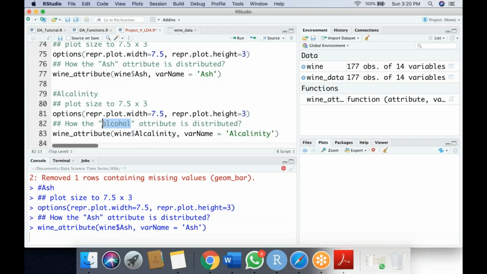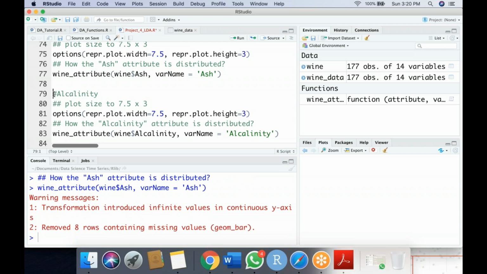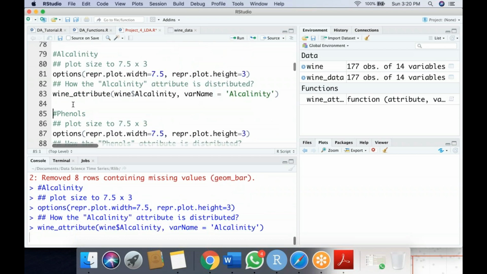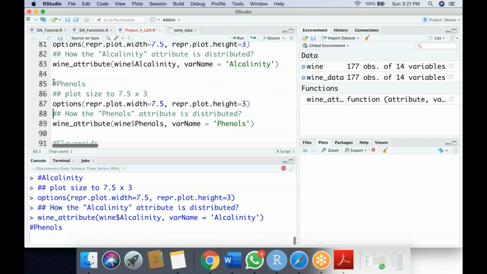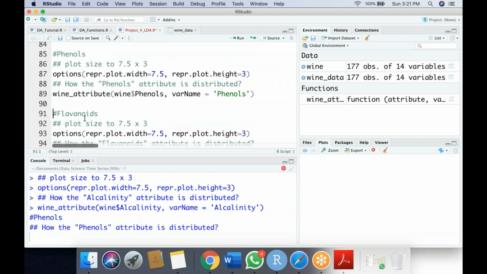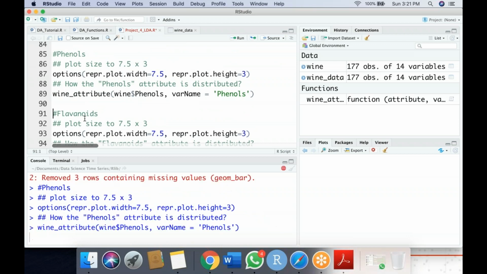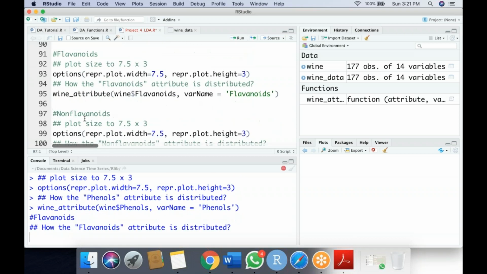In a similar way, you can just quickly keep on changing, as you have already written a loop function. Now you can go and check, in a similar way, the distribution of all of your parameters. I'm quickly running them.